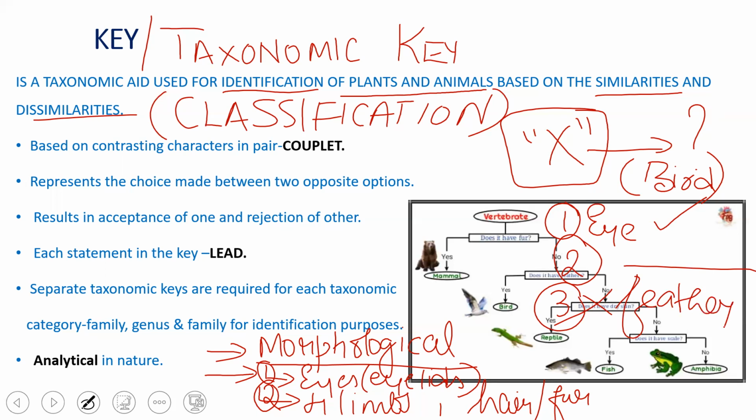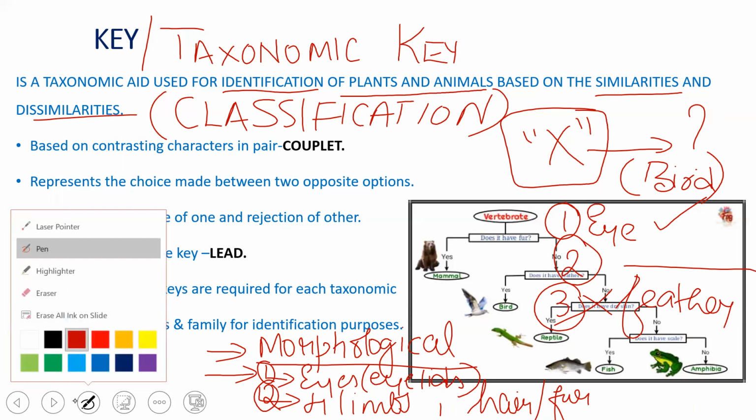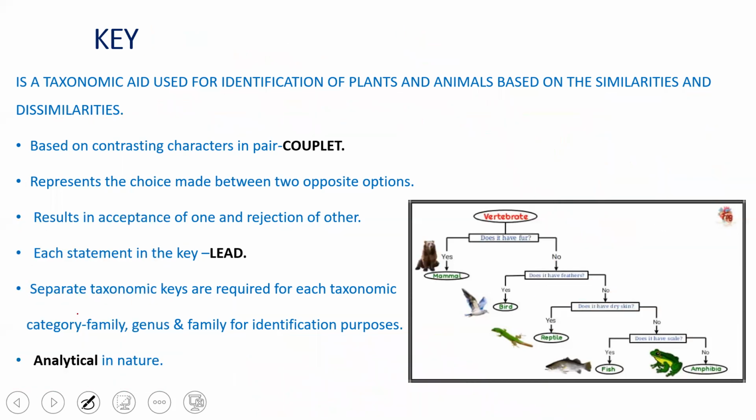Now, there are two important statements here for the same character, that is the exoskeleton. If the exoskeleton is taken as one of the characters for this X animal, there may be two possibilities. One is that it is having hair or fur.